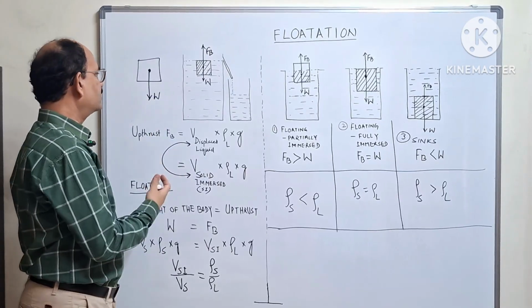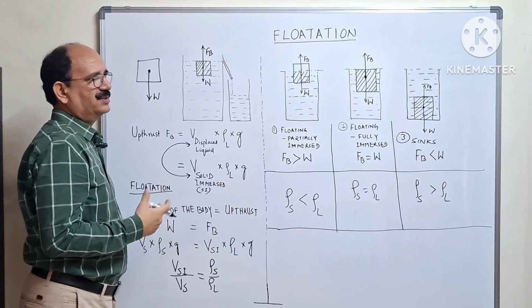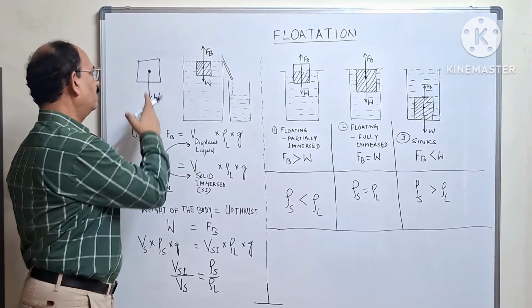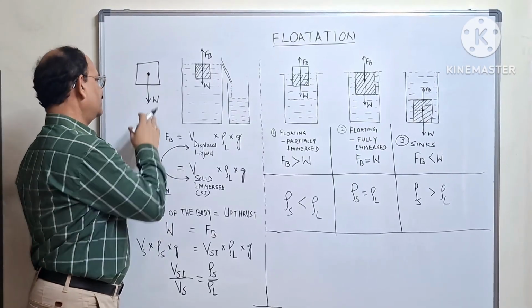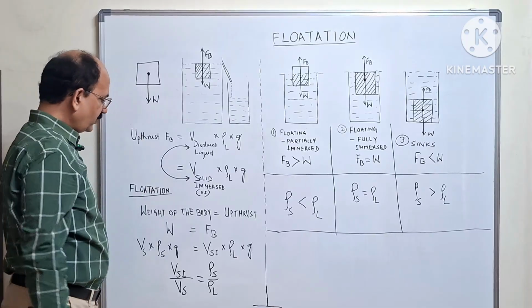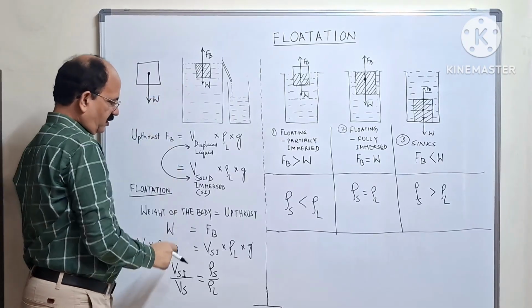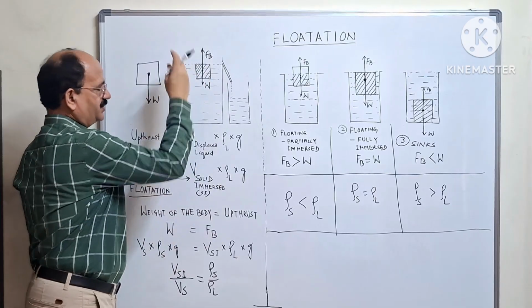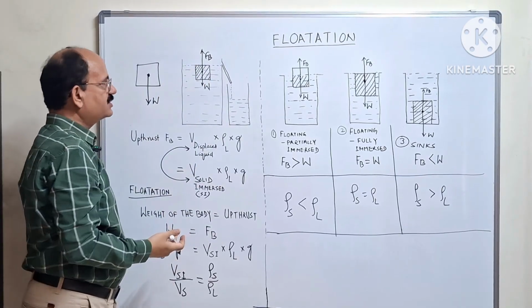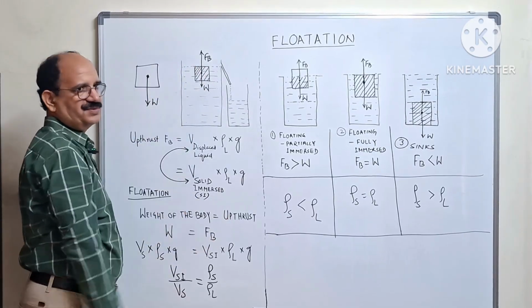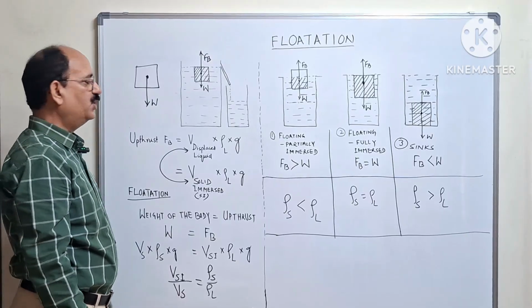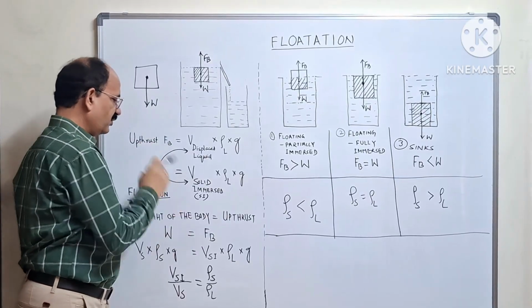That is how we say that this is, say, for example, 10 Newton weight of the object, because earth pulls it down, so that's the weight. Okay, so weight of the body must be equal to upthrust, or in other words, the weight of the body is balanced by upthrust, and in that scenario the object will float.